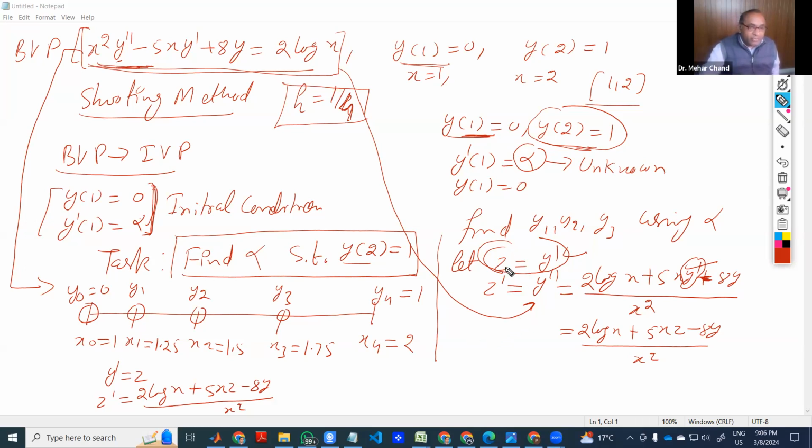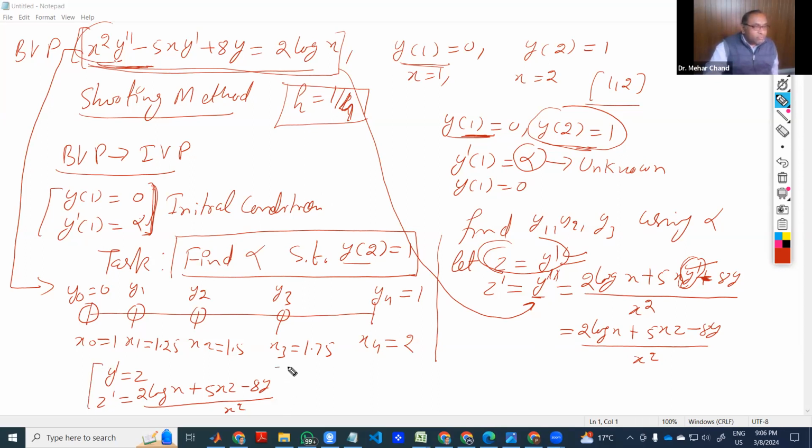So when you use this, you will get z dash, z prime, equal to y double dash, and this value you can get from the very first equation. And y dash again can be replaced by z.